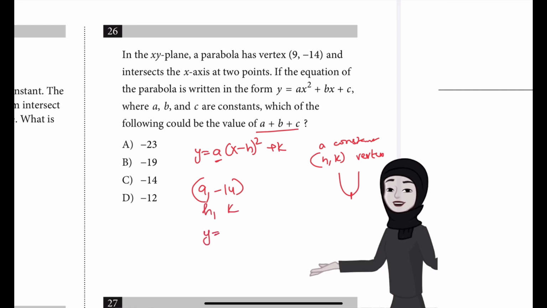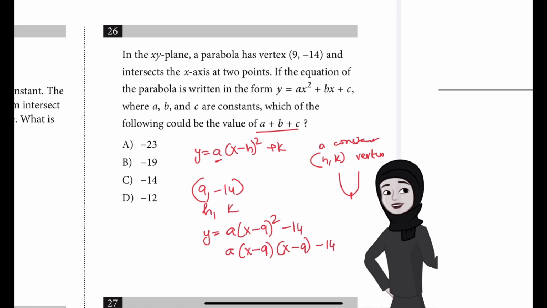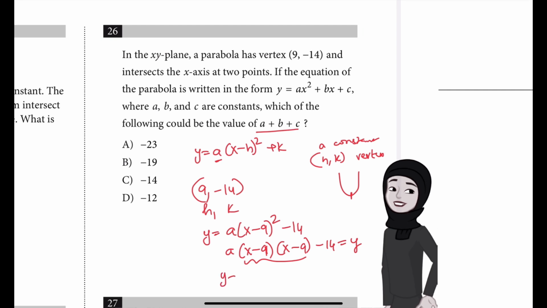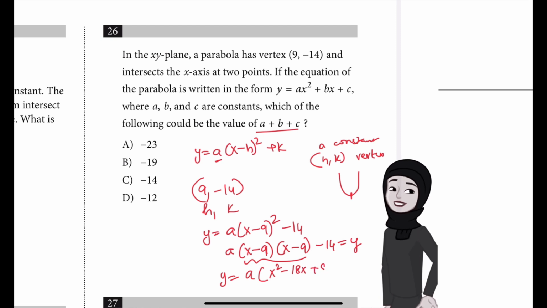What will we get? We will get y = a(x − 9)² − 14, and then we will simplify this. a times (x − 9)(x − 9) − 14 is equal to y. And then if you multiply (x − 9) with (x − 9), you will have y = a times (x² − 18x + 81) − 14.